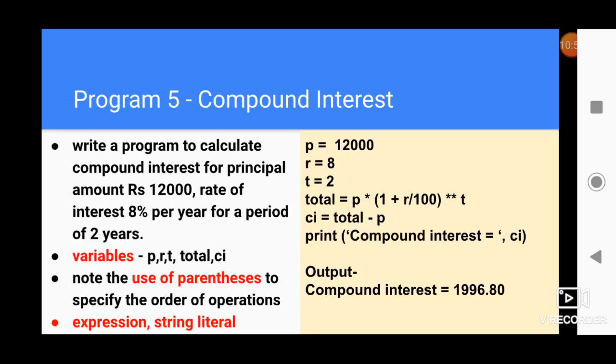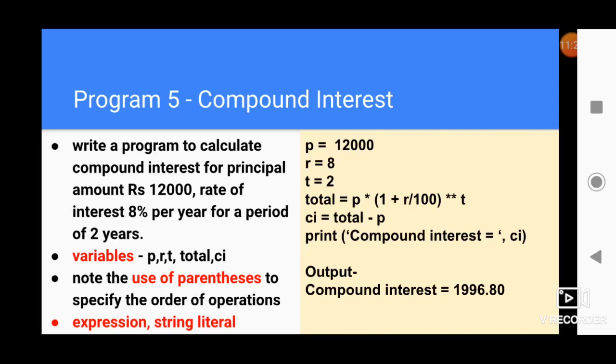Now we look at our fifth program, which is to calculate compound interest. We have to calculate compound interest for principal amount rupees 12,000 at the rate of interest 8% per year for a period of 2 years. So what data is to be handled in this program? The data is the principal amount, the rate of interest, and the time period for which interest is to be calculated.